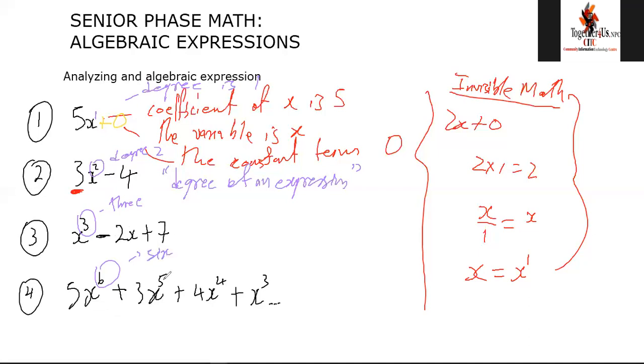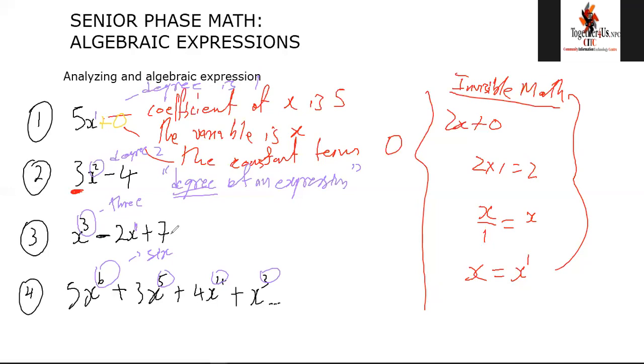Now, in case you're wondering, I'm glad you are asking, Mr. G, what about the 5? What about the 4? What about the 3? Or what about the 1 here? Good question. When we look at the degree of an expression, we look at the highest exponent, the biggest exponent. The biggest exponent tells us the degree of an expression.